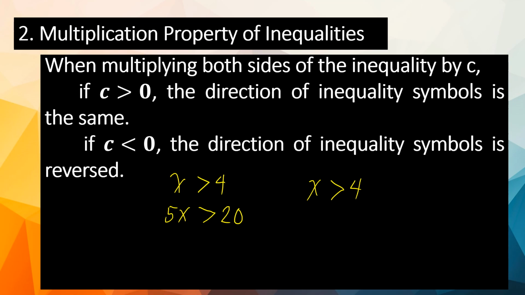Let's multiply negative 5 to both sides. This will become negative 5x, and the other side is negative 20. This time, based on the given property, the inequality should reverse. So instead of greater than, for your final answer, it should be less than. Take note that this property is true for division also.